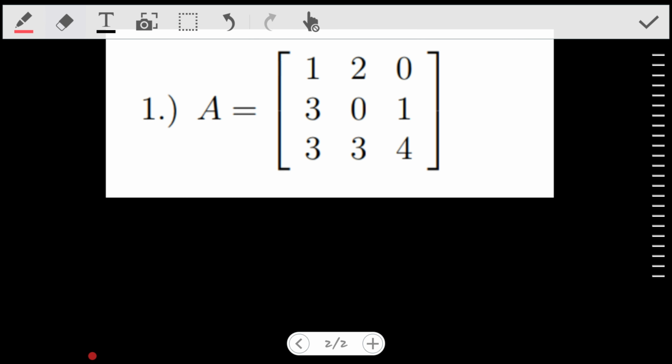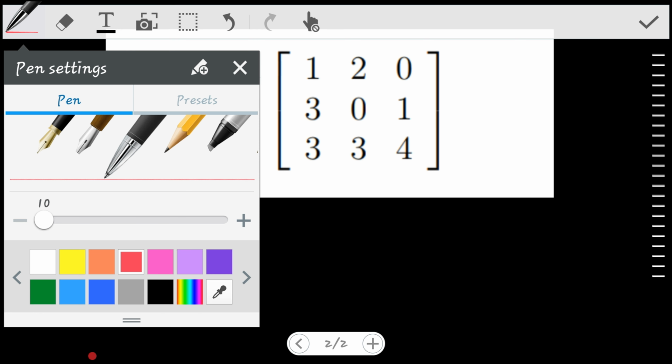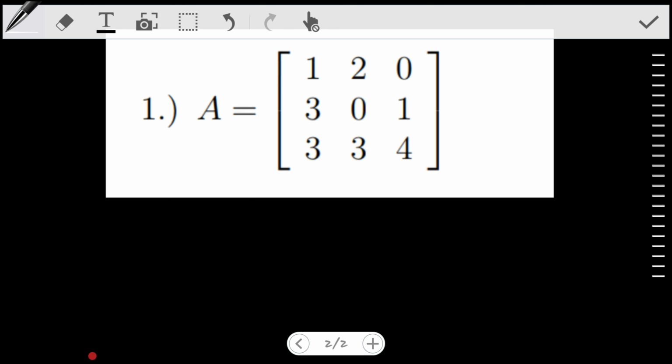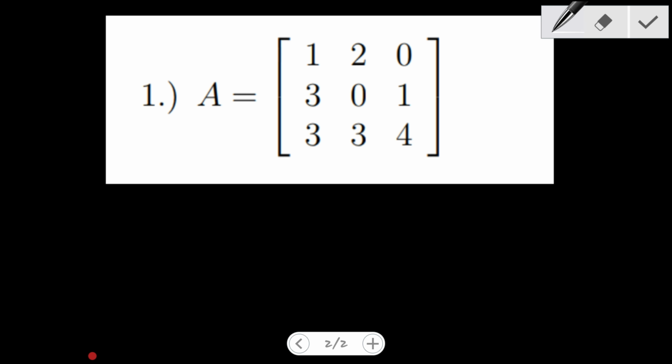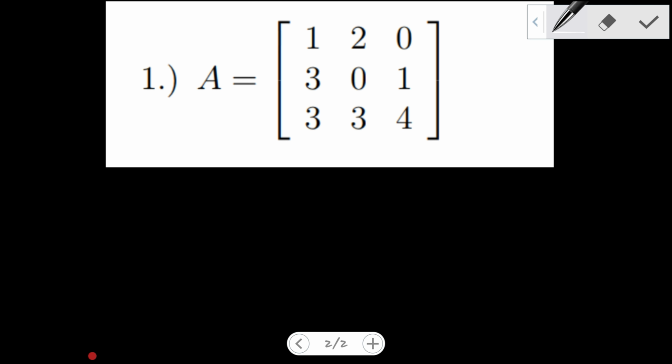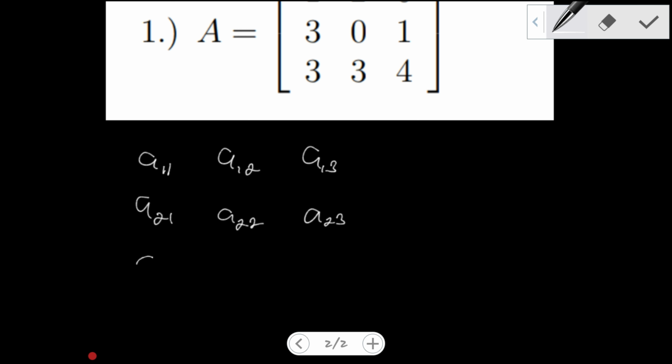I'm going to come here and compare this matrix to A11, A12, A13, A21, A22, A23, and then A31, A32, A33.